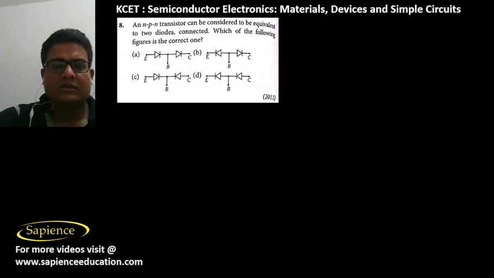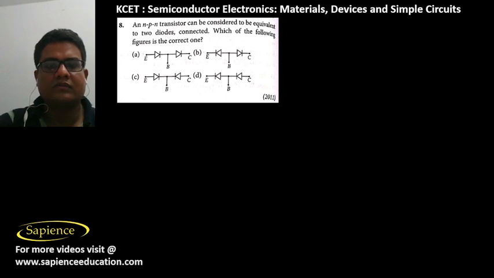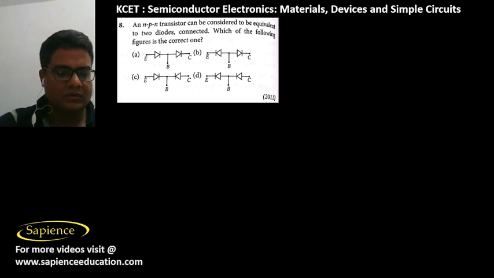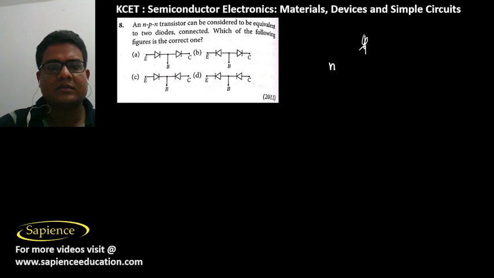Then question number 8 is told an NPN transistor can be considered to be equivalent of two diodes connected. Which of the following figures is the correct one? The NPN, so emitter, base, collector.